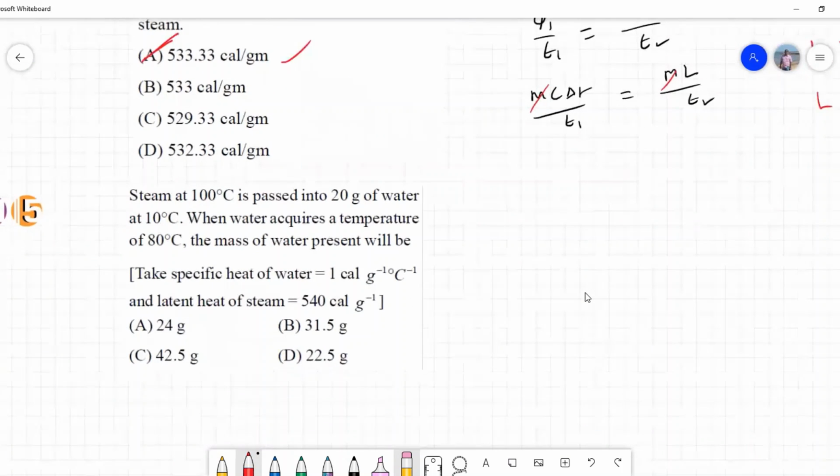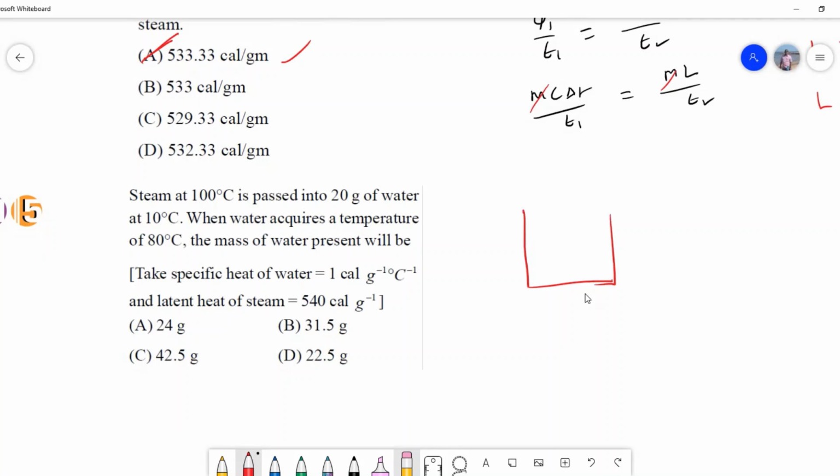Now let's move on to the last problem, the 15th problem. Steam at 100 degrees centigrade is passed into 20 grams of water. So again, let's take a beaker. In this, I have 20 grams of water at 10 degrees centigrade. Now to this, steam is passed.